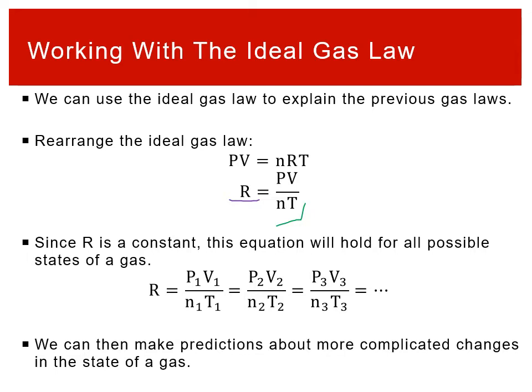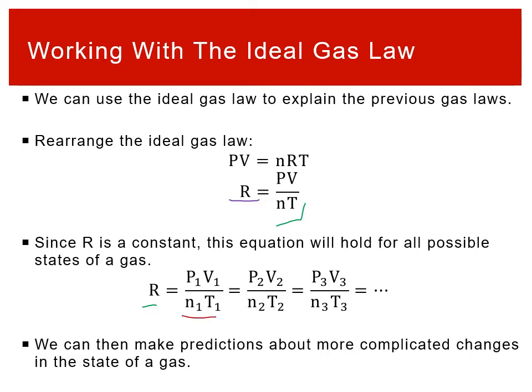And so if you have R, that never gets a subscript. It never becomes a 1 or a 2 because it's always the same number. But everything else could get a subscript. So when we rearrange this equation like this, we know that it doesn't matter what condition you're in. Are you in state 1?